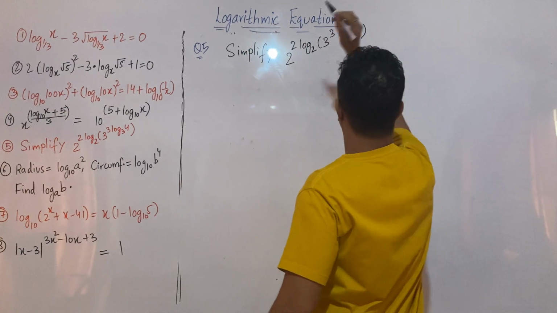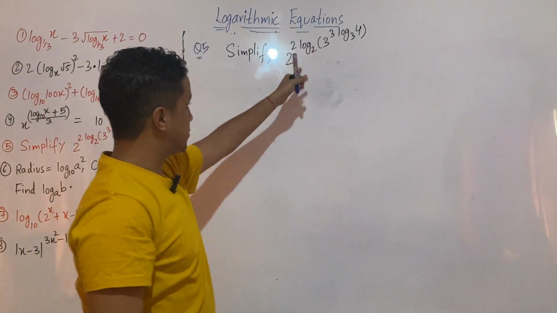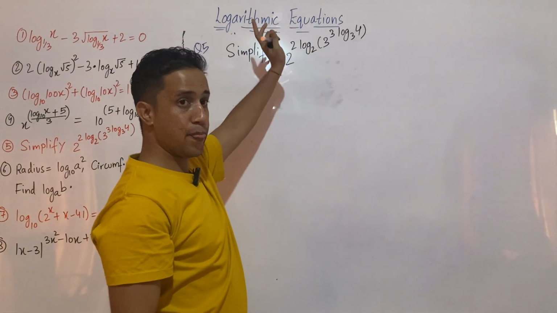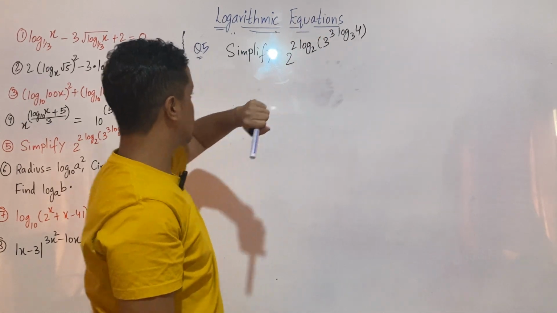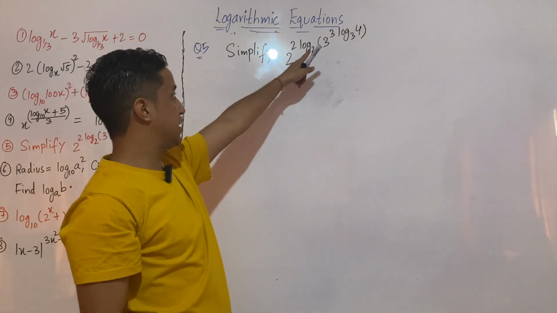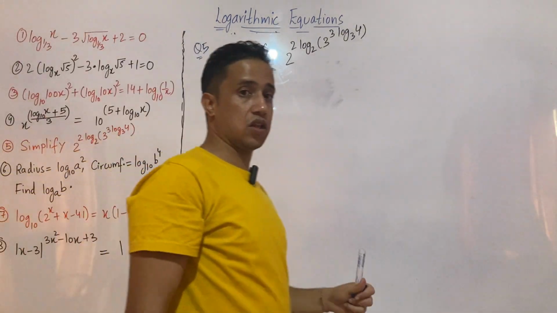Now see here, this seems so complex because it is raised to an exponent, and that has log in the exponent, and the number in the log is again raised to an exponent, and that again has log in it.